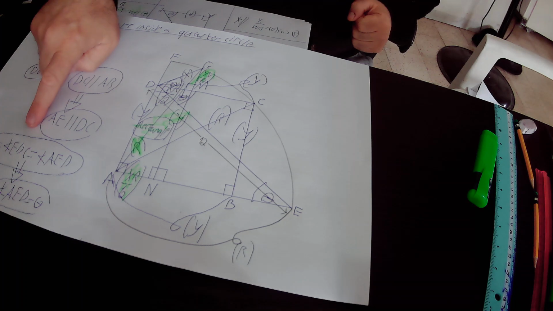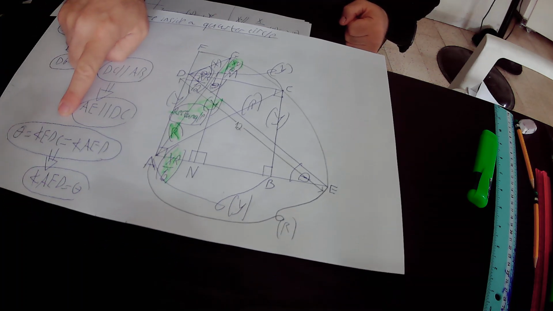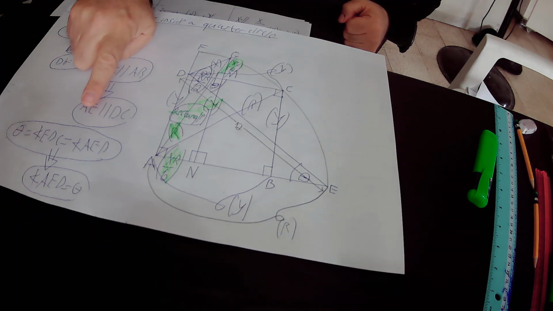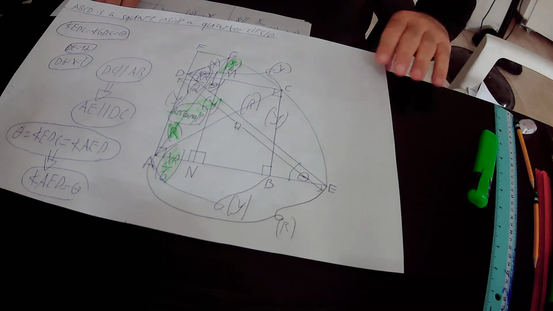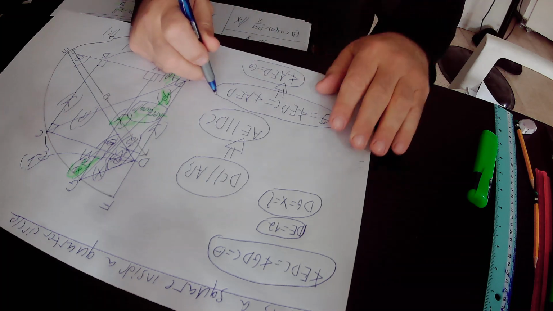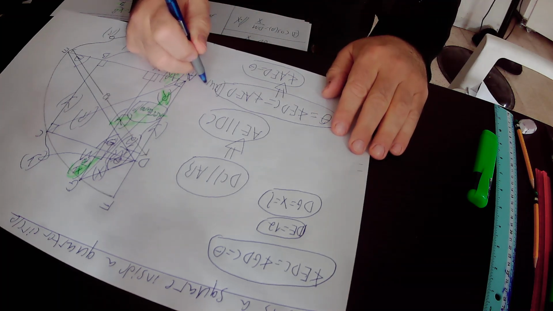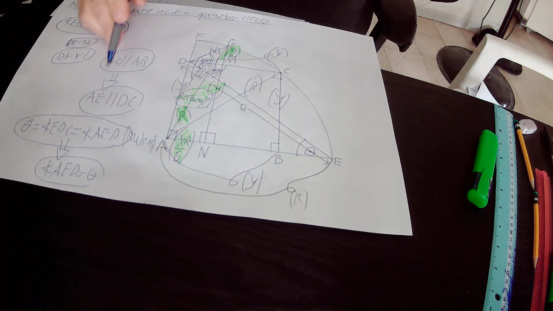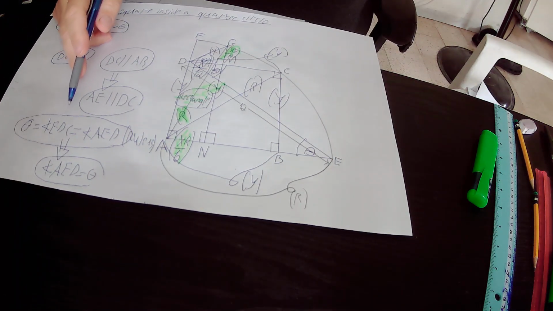Again, angle EDC equals angle AED according to rule 15. They are equal to each other according to rule 15. Repeat again, angle AED equals angle EDC according to rule 15.